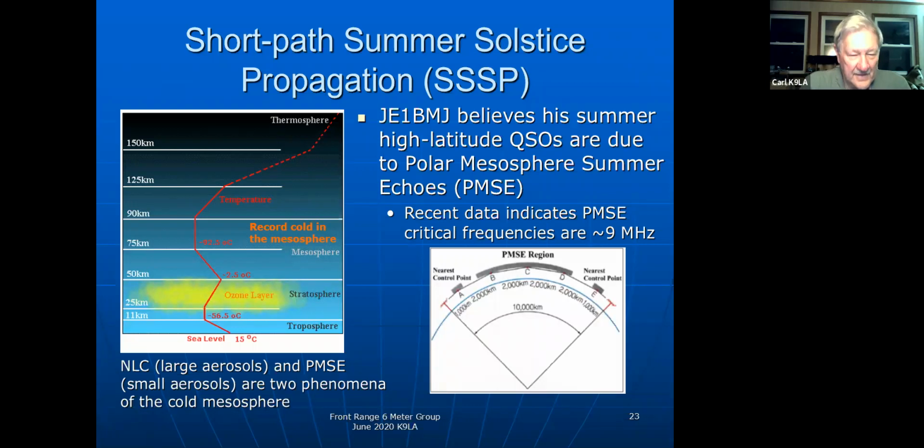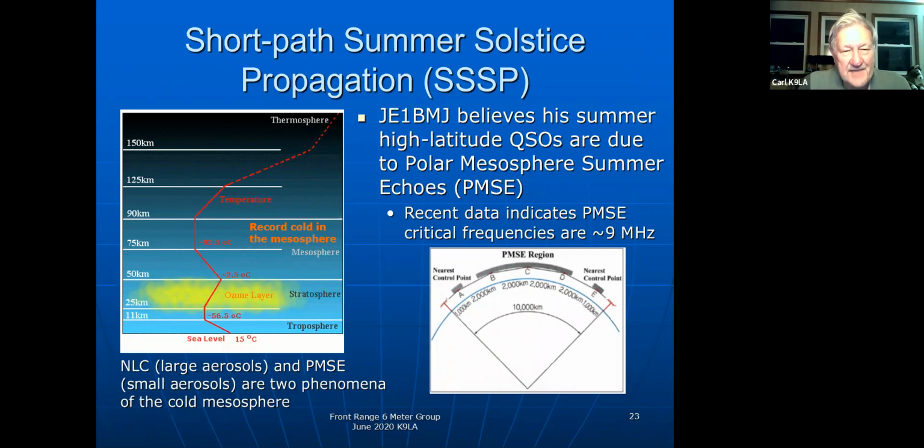Of course, down at sea level, the temperature starts decreasing as you move up until you get to the tropopause. And then the temperature starts increasing in the stratosphere until it hits the stratopause. Then it starts going down, and the lowest temperature in the atmosphere is in the mesosphere.